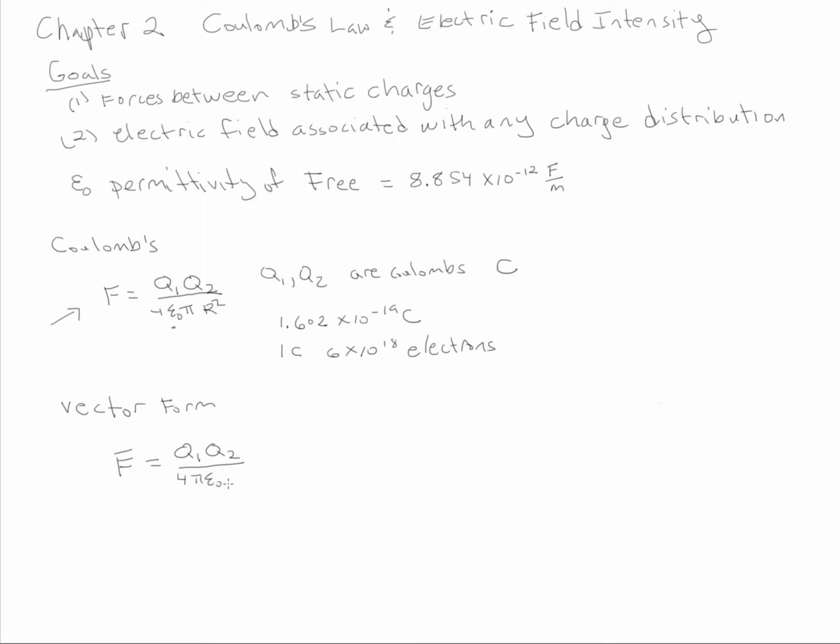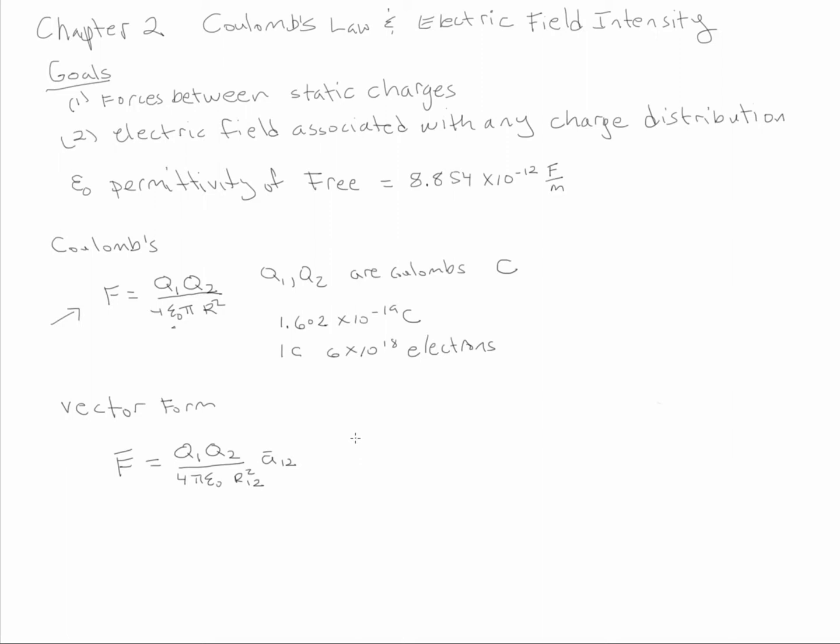And then we have R, the distance between point 1 and point 2, squared. And then we have a unit vector which represents the direction between charge 1 and charge 2.